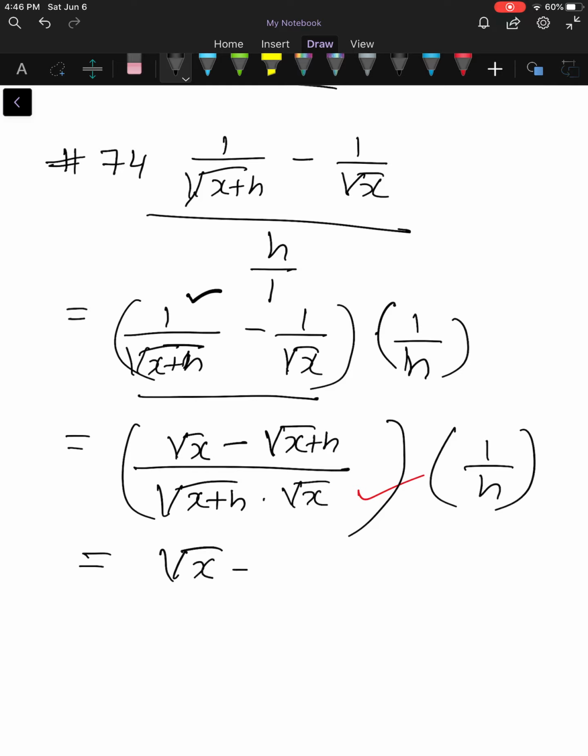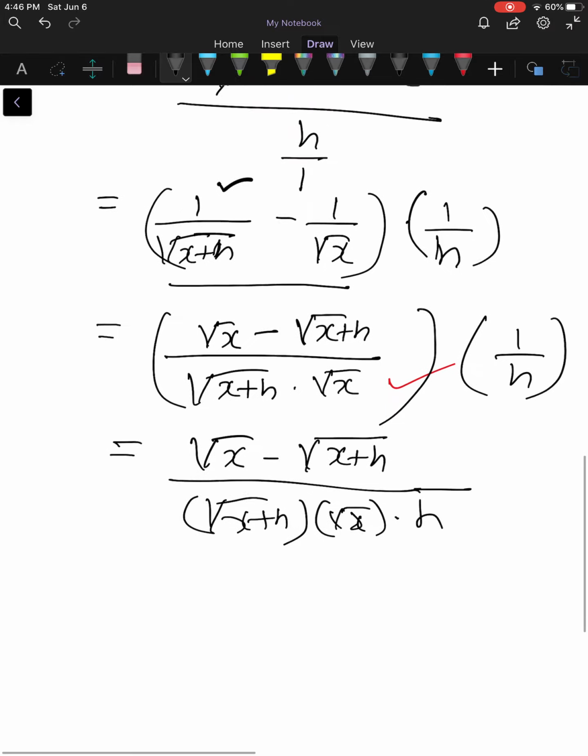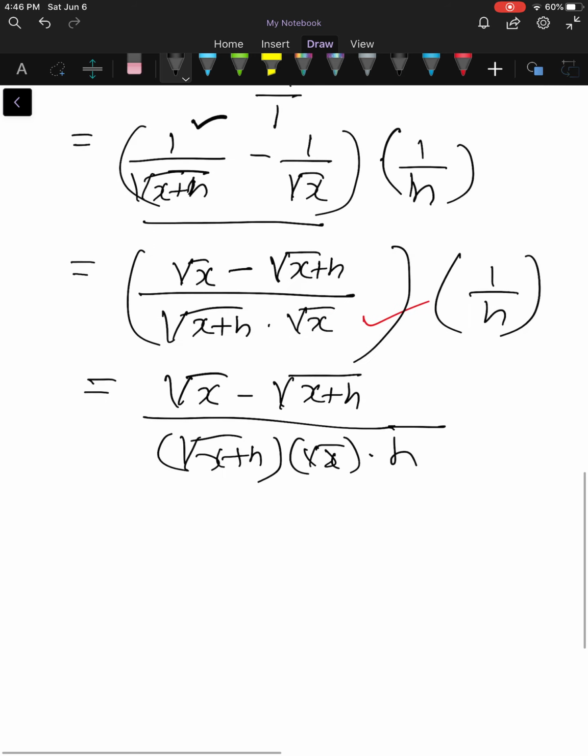Now multiply the expressions. You get square root of x minus square root of x plus h divided by square root of x plus h times square root of x times h. So this is how we finally simplify it.